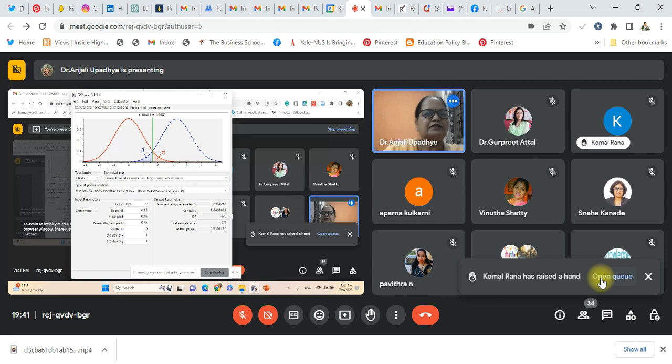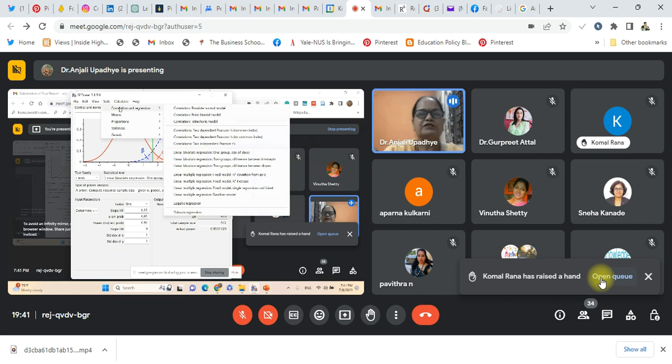Now you can see over here, above this particular ribbon, there are the tests. Suppose you click on a test, and there are the tests of correlation and regression. Whatever we have seen already, all those tests are over here: the bivariate model correlation, the point biserial model, the tetrachoric model, and correlation of two dependent variables, meaning numerical correlation.